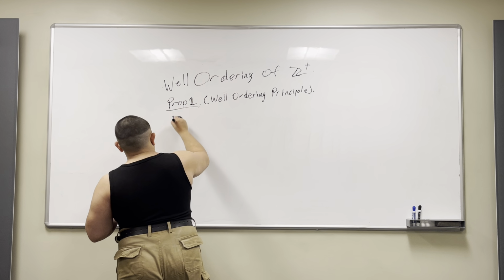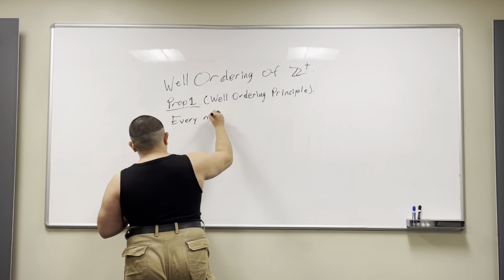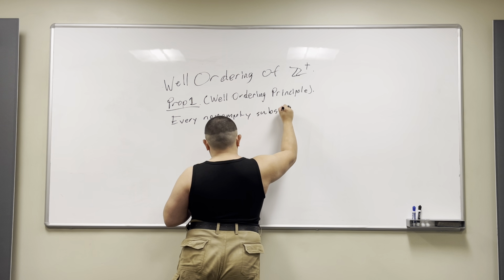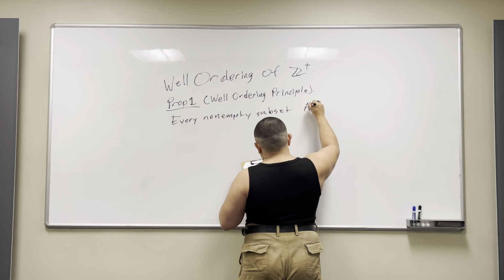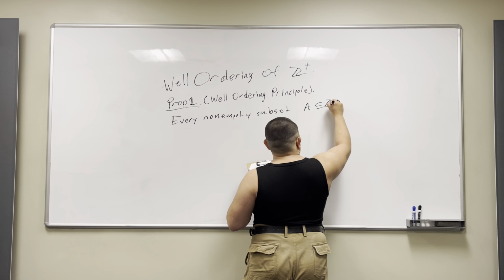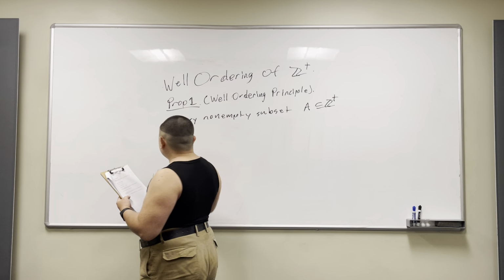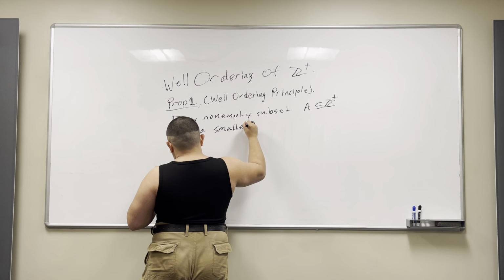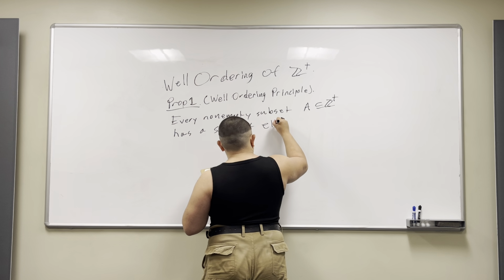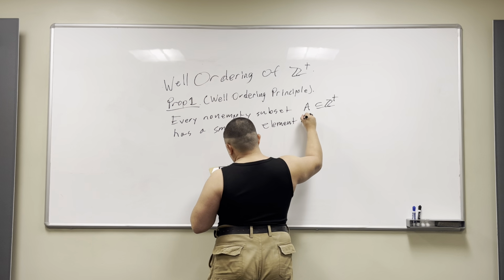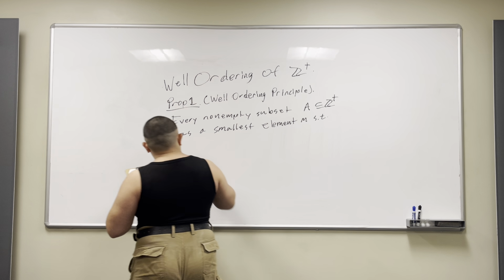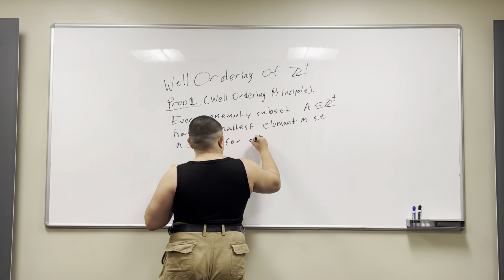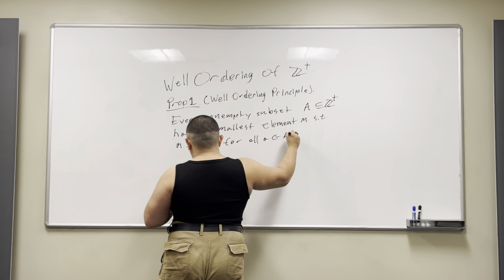And it states that every non-empty subset A of the positive integers has a smallest element, m, such that m is less than or equal to a for all elements a within the set A.